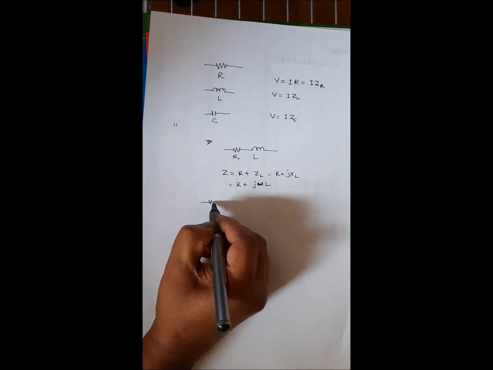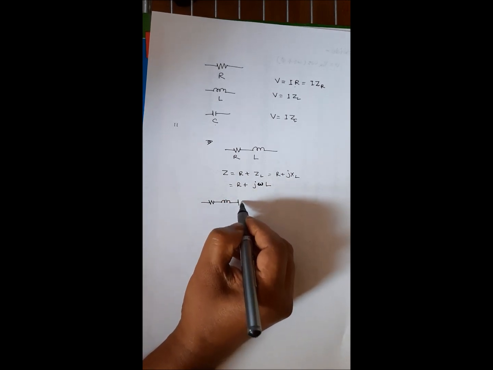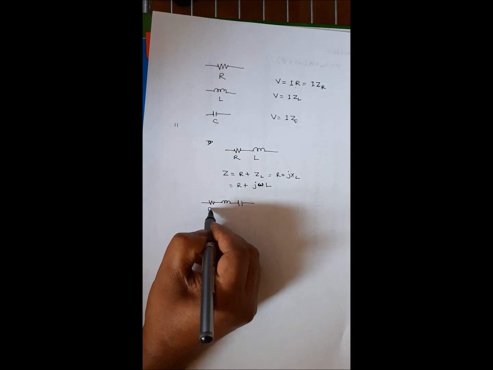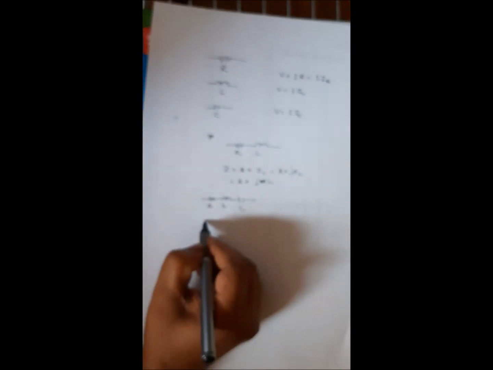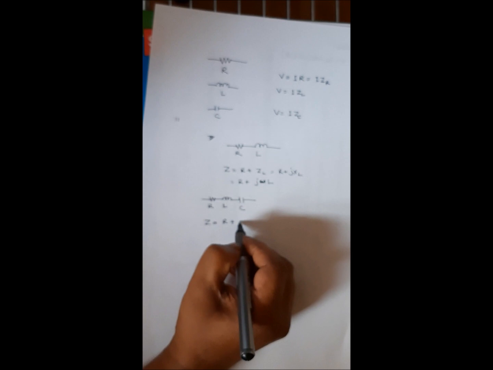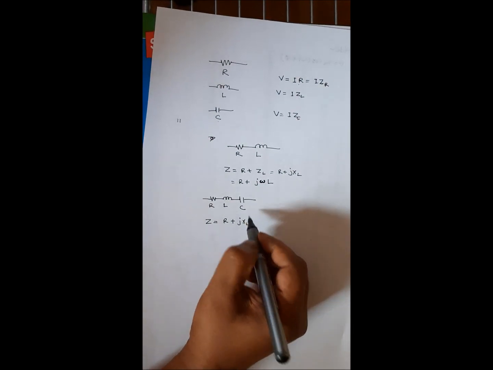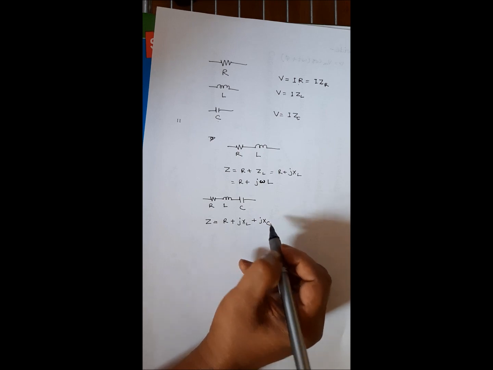Similarly, if you have a circuit with a resistor, inductor, and capacitor, the total impedance of this circuit will be R for the resistor, for the inductor it will be JXL, and for the capacitor it will be negative JXC.